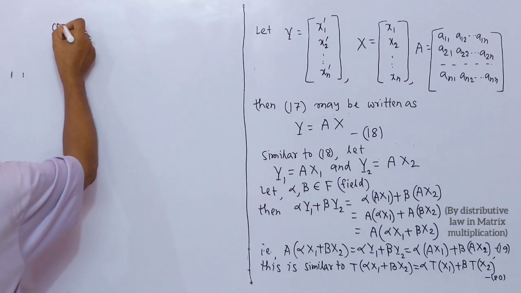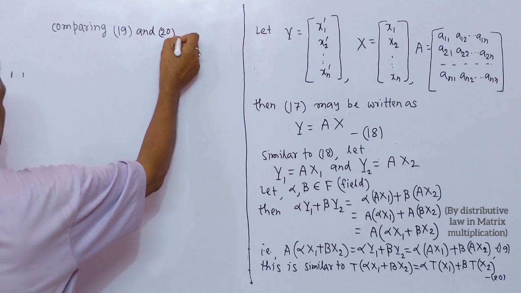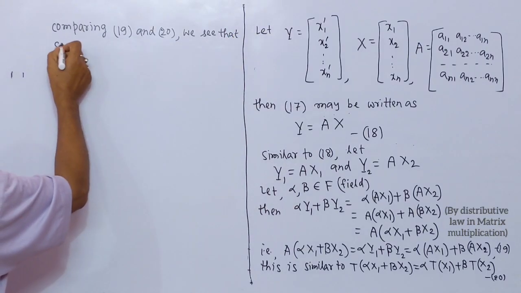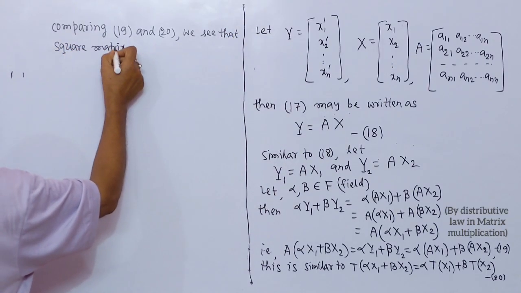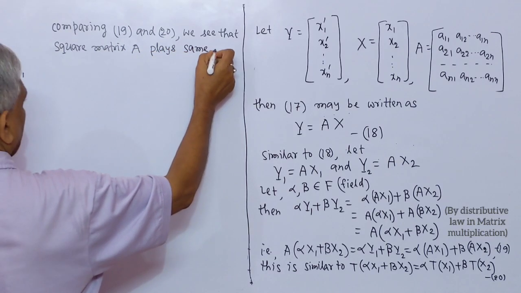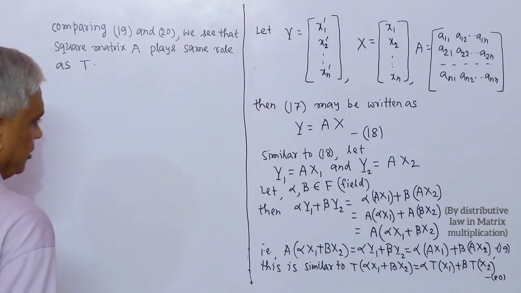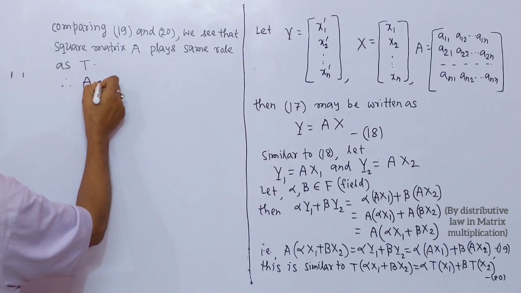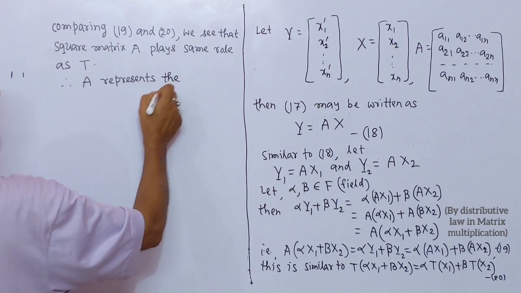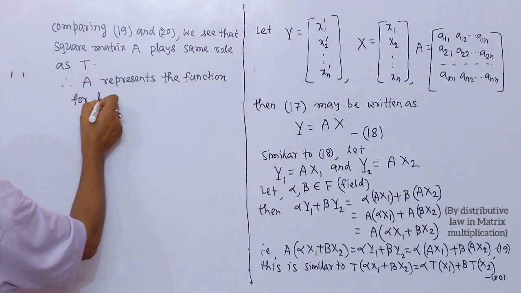Comparing 19 and 20, we see that square matrix A plays the same role as T. Therefore, A represents the function for linear transformation.